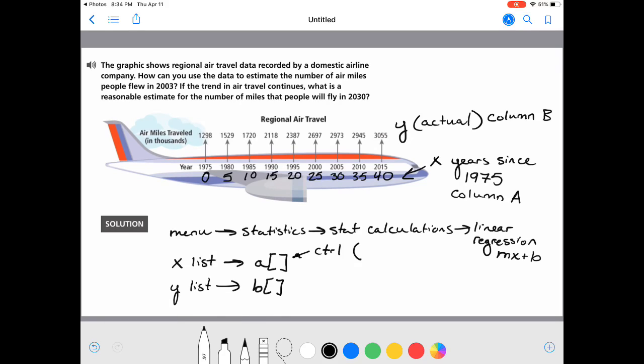Now to find the number of air miles in 2003 and 2030, we're going to have to plug certain numbers into that linear regression equation. So for 2003, we're going to plug 28 in for X, because 2003 is 28 years since 1975.